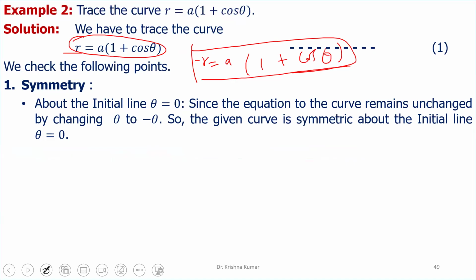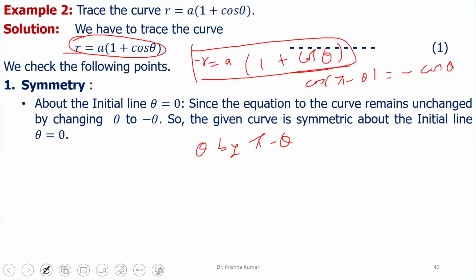We have already seen that there are two methods to check the symmetry about the line theta equal to pi by 2. If we replace theta by pi minus theta, then we know that cos of (pi minus theta) is equal to minus cos theta.